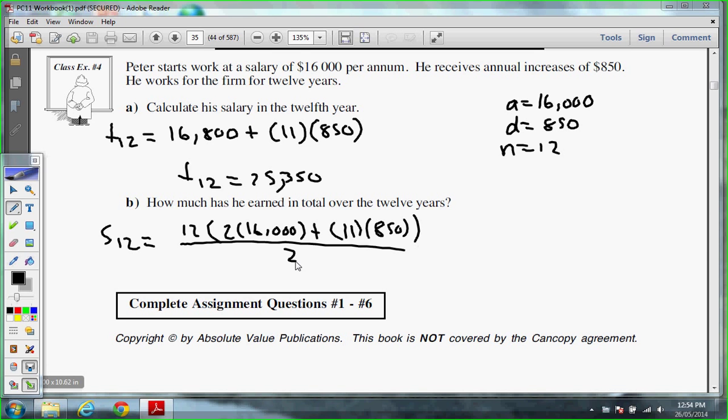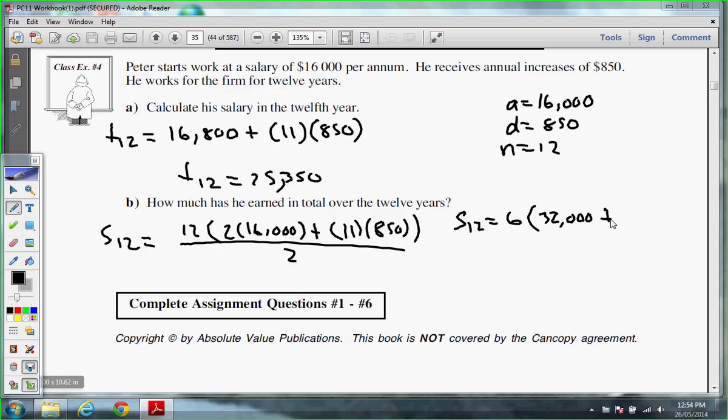So 12 divided by 2 is 6. 32,000 plus 850 plus another 850, or 8,500.